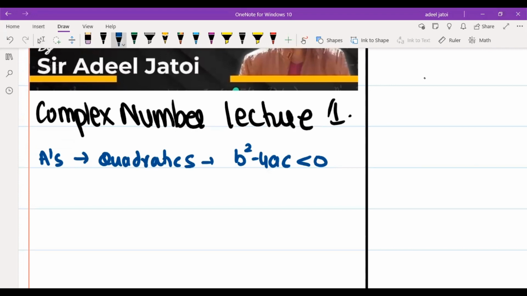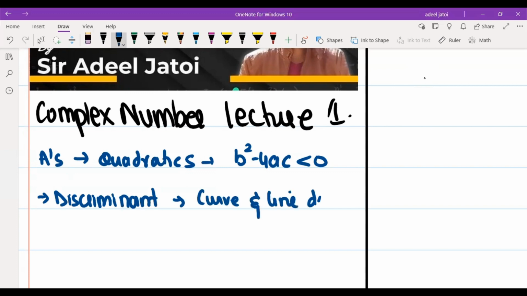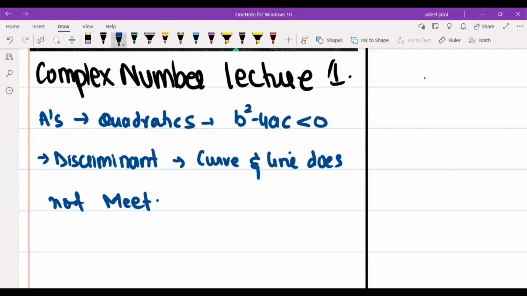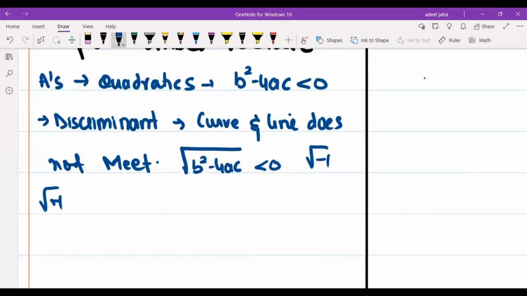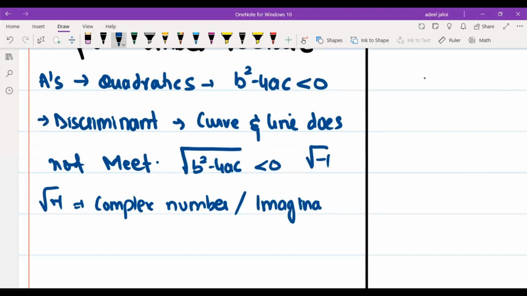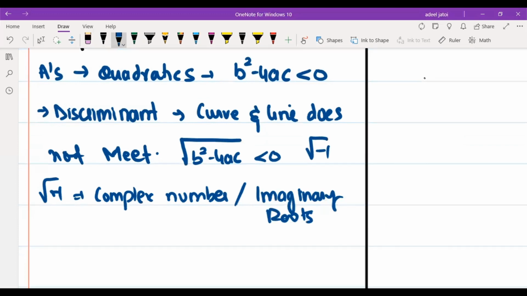B square minus 4ac less than 0 used to tell us that this is your discriminant, showing that the curve and line do not meet, because b square minus 4ac less than 0 means that the number under the root is less than 0, so under root -1, or any such number, will be a complex number, or it used to be the imaginary roots. It used to have imaginary roots.